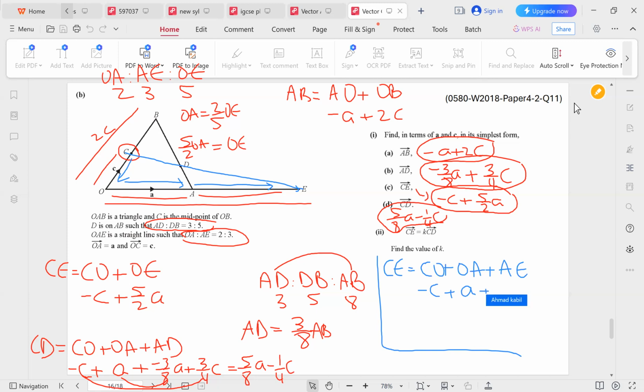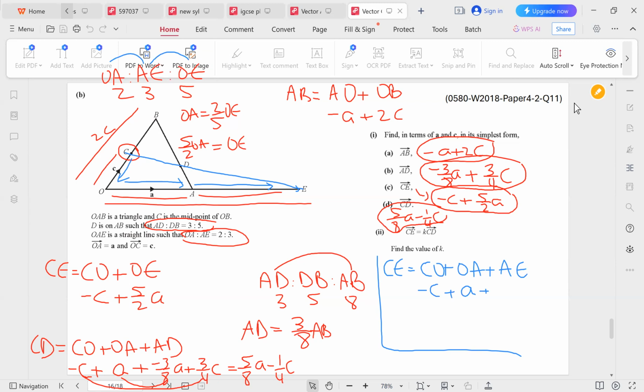How do we get AE? So in order to get AE, we're going to need to utilize the 2 to 3 ratio. We already have that written above. We just need to find AE in terms of OE or OA, it doesn't really matter. We have OA, so let's just use OA instead.